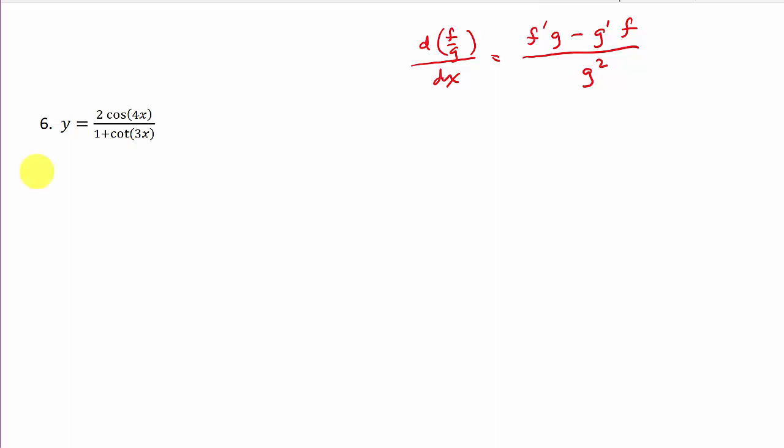So let's see what we get here. I've got y prime. It's the derivative of the numerator, so I'm taking the derivative of this 2 cosine 4x, so that's going to be 2, and the derivative of cosine, remember, is negative sine. That's in the other video.